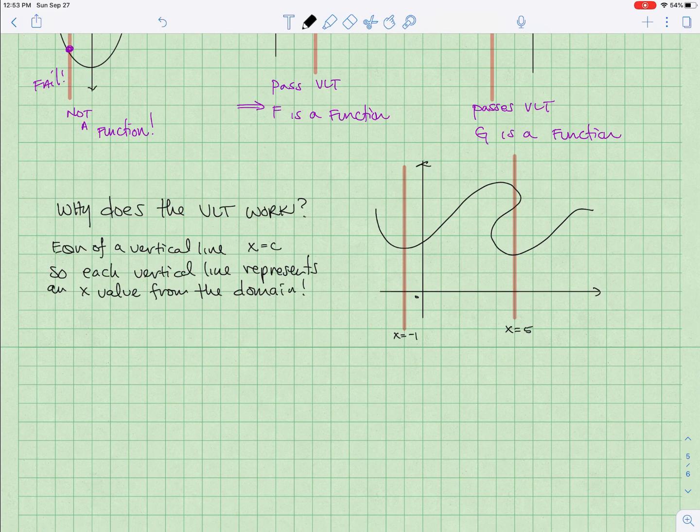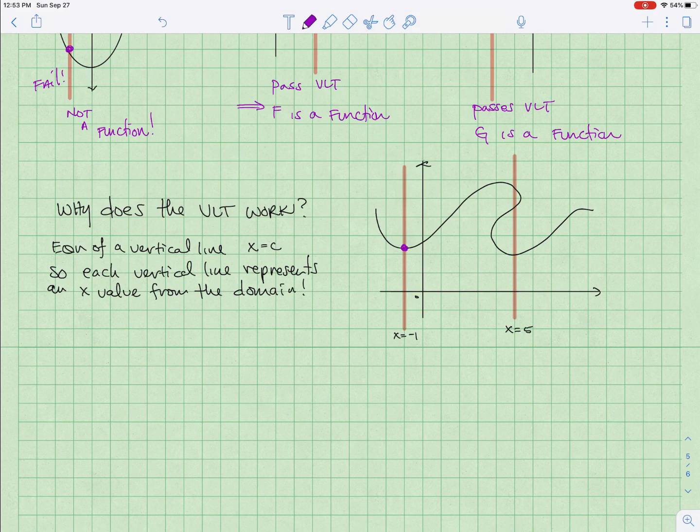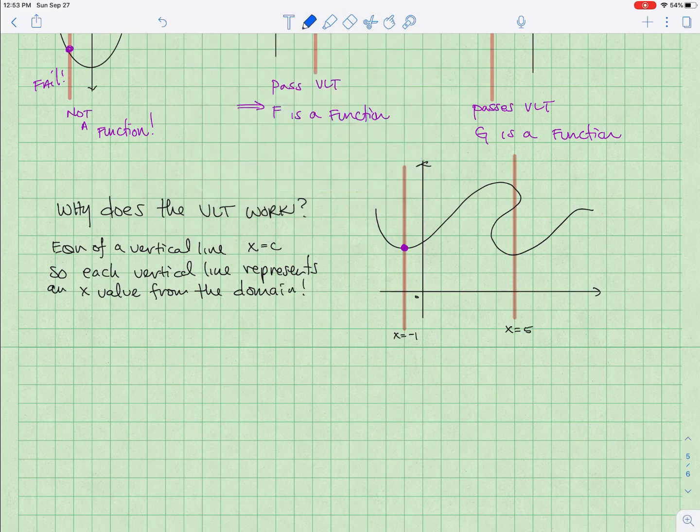Now, when that vertical line, say at x equals -1, only intersects the graph at one spot, then what we have is, when we draw a horizontal line, it only corresponds to one y value. Maybe I should shorten this up. So when x equals 1, this is the y value that goes with it.